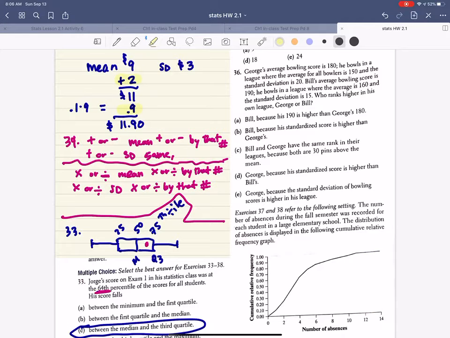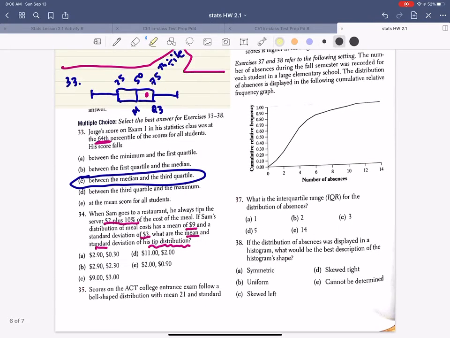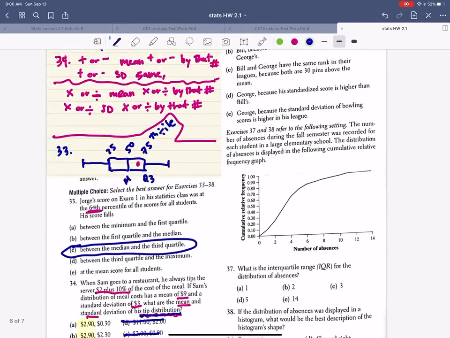So on average, the tip should be $2.90. So that's why I've focused my efforts on A and B, because again, they've just asked what would be the tip. So the tip on a typical bill would be $2.90. Okay. Now let's figure out what would be the standard deviation of the tip, just of the tip.